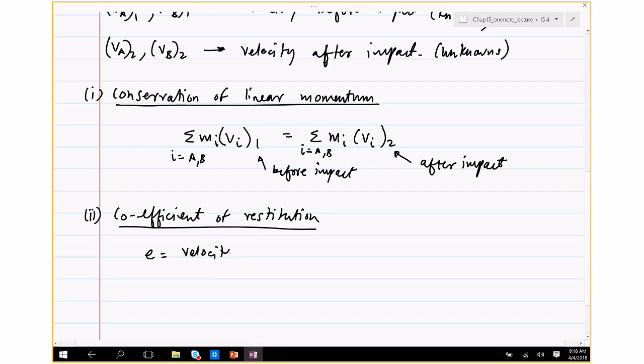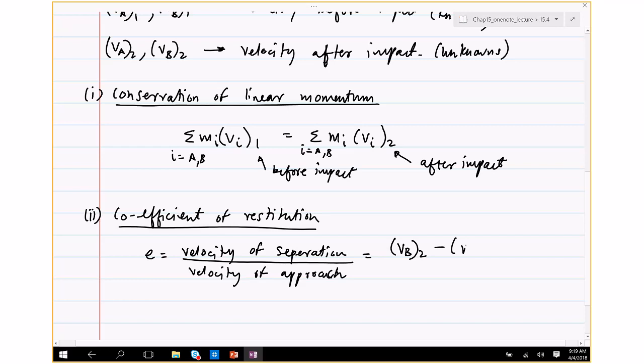So coefficient of restitution is defined as velocity of separation divided by velocity of approach. So the book defines this E as follows: VB2 minus VA2 divided by VB1 minus VA1.